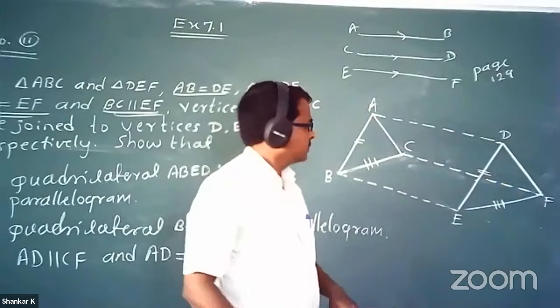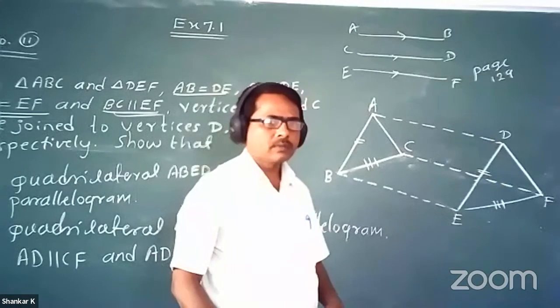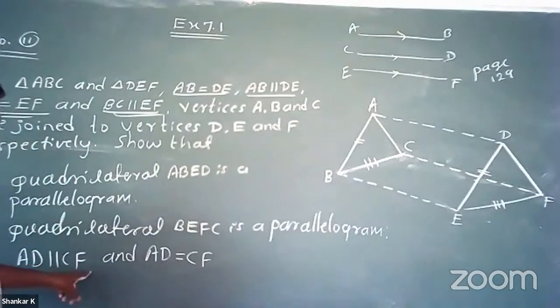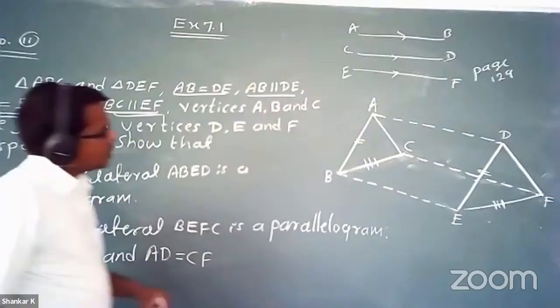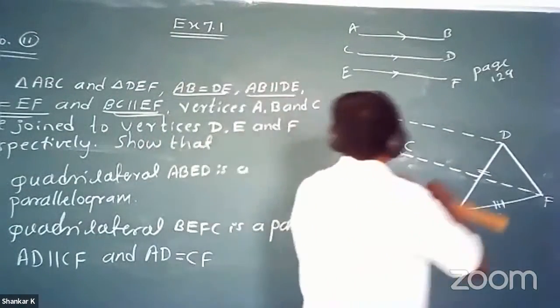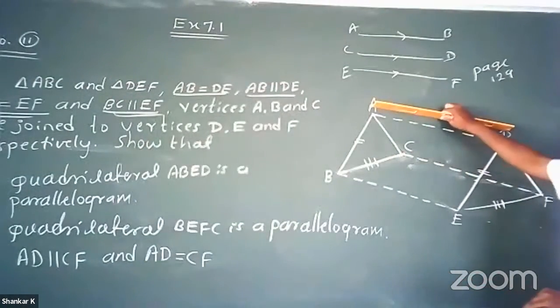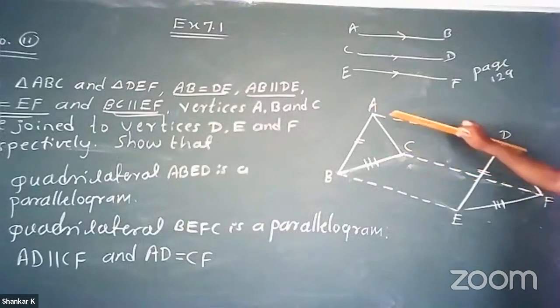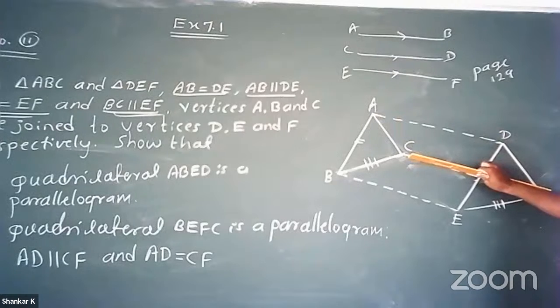So AD is parallel to CF and also AD is equal to CF. AD and CF are parallel, that is shown. You have to show that they are equal.